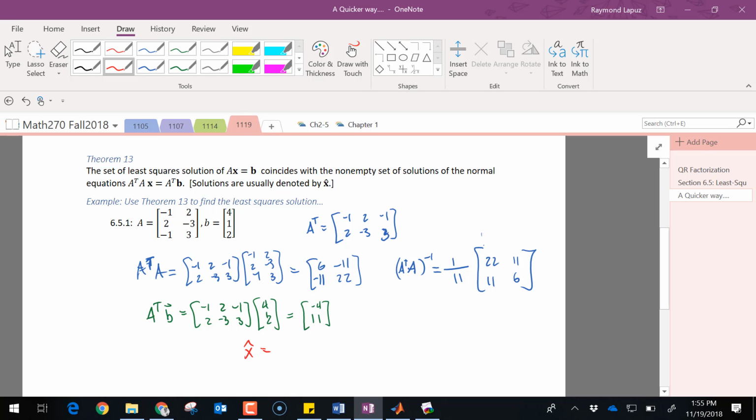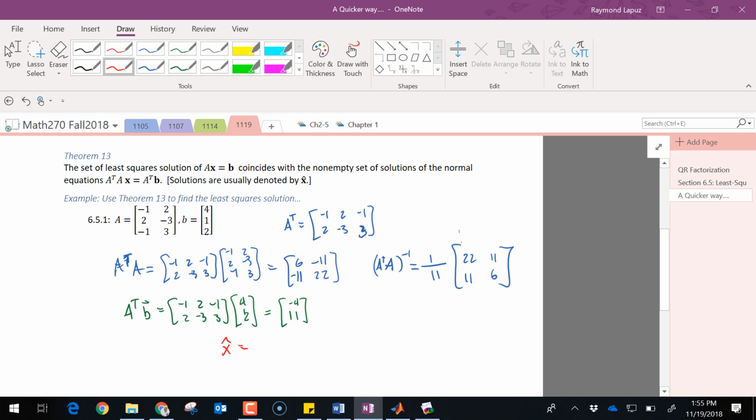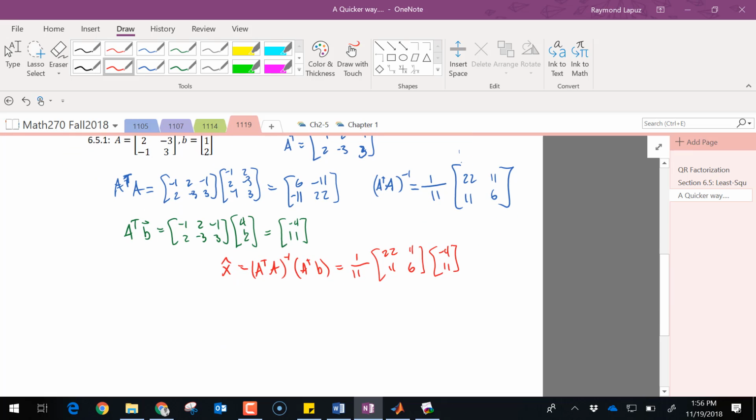So x hat is going to be A transpose A inverse, which we calculated already, times A transpose B. So that's 1 over 11. I suppose, no, we can't, there's a 6 in there. 22, 11, 11, 6. And then -4, 11. So what's this going to equal? Let's do this first, 1 over 11.